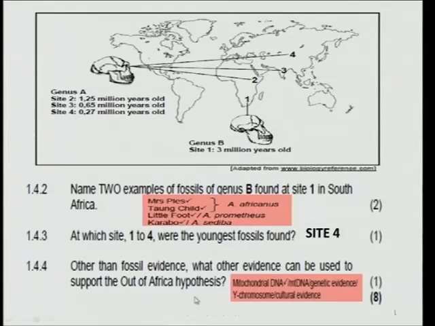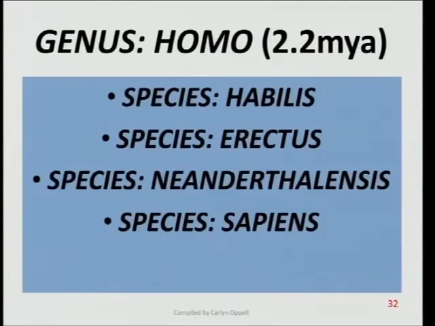Besides fossils, the other evidence we use for the out of Africa hypothesis is mitochondrial DNA, which is prescribed in your guideline document. So it's DNA evidence, and then cultural evidence, such as making tools, rock paintings, etc.